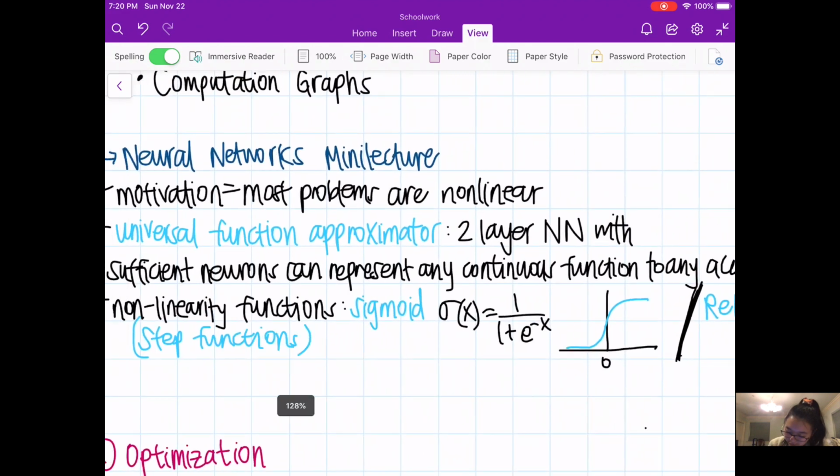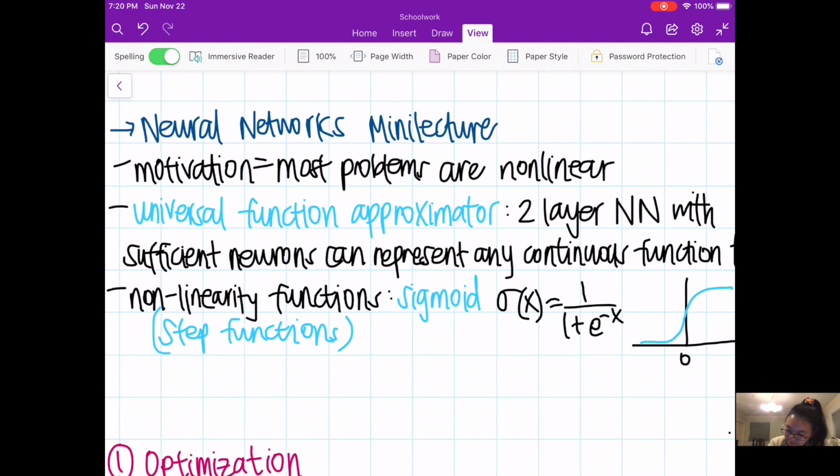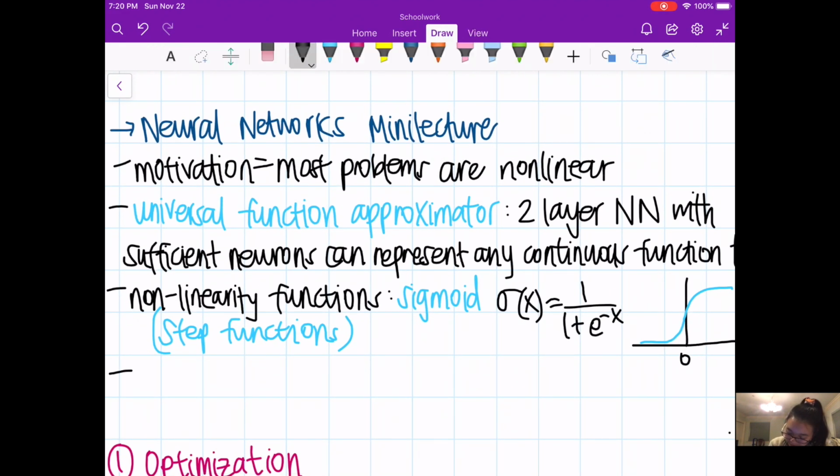And then one more thing that I want to talk about is what we call gradient descent. And this is a process for updating your weights so that you can get the best weights possible in order to get the most accurate predictions.